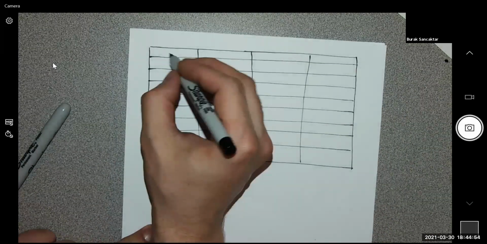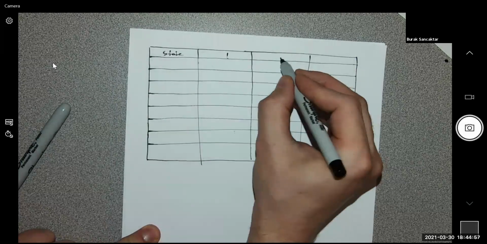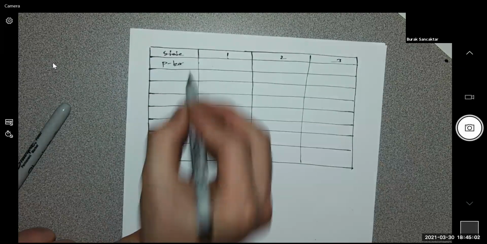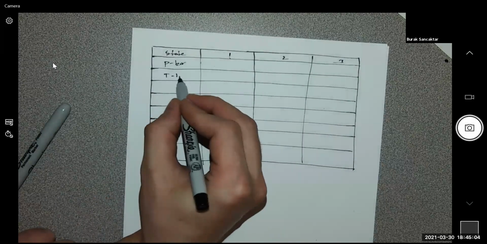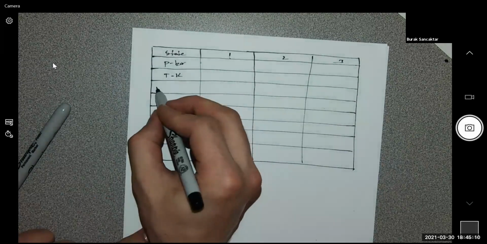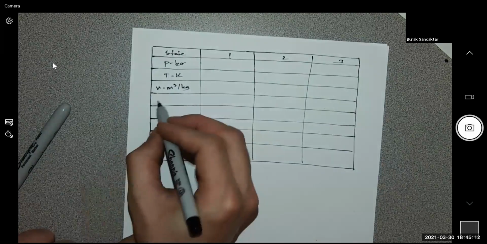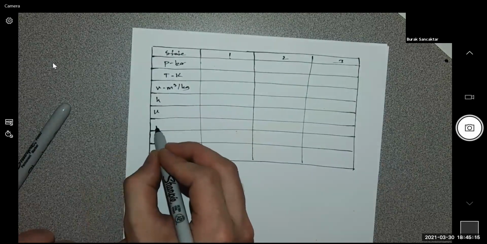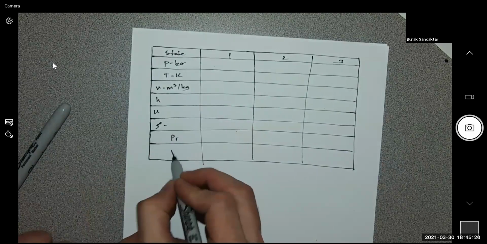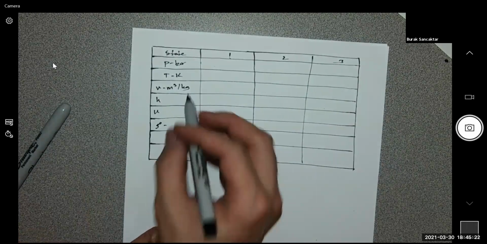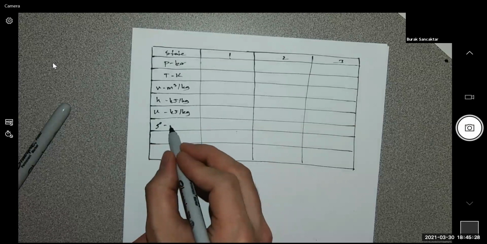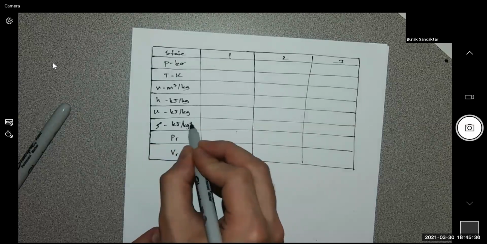First column is where the state, state 1, 2, 3. The first column is for our properties: pressure, temperature, specific volume in meter cubed per kilogram, enthalpy, internal energy in kilojoules per kilogram, entropy product S0 in kilojoules per kilogram Kelvin, PR and VR.